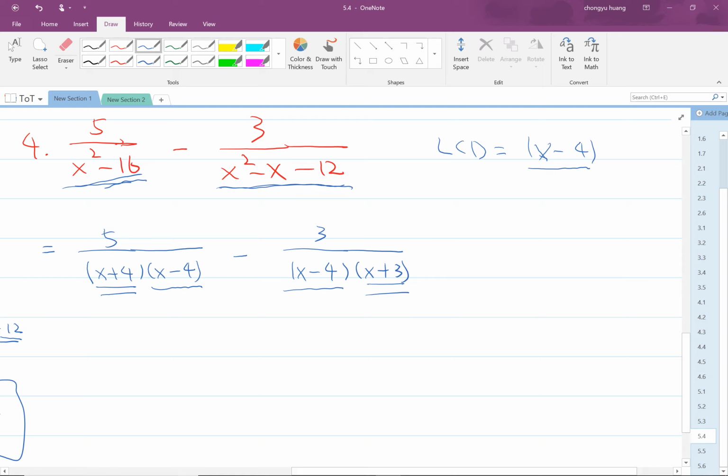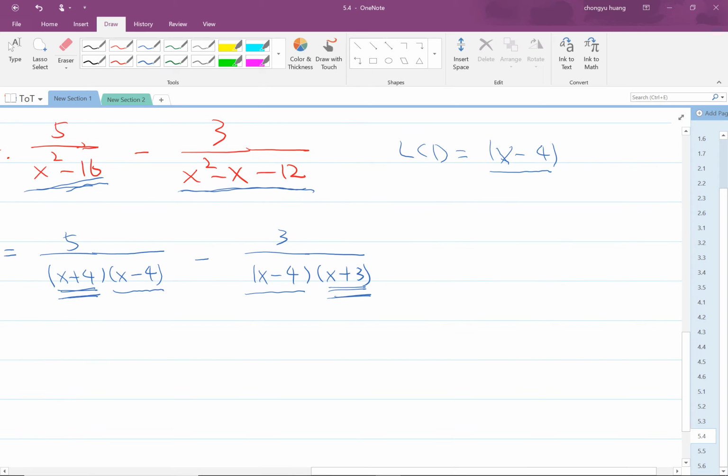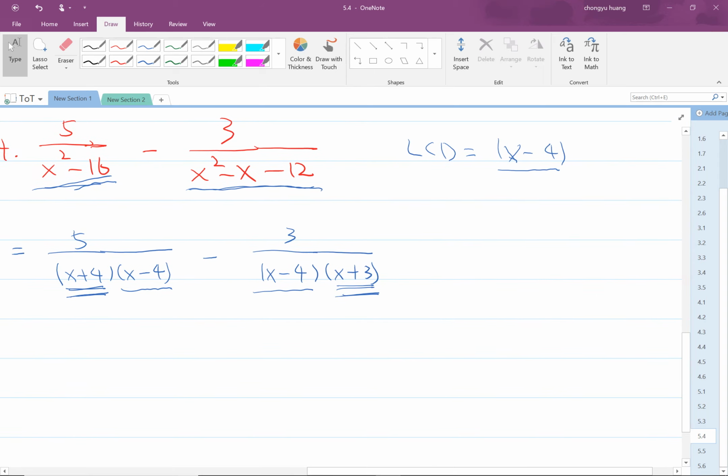Since x minus 4 is the common term, it has to be in the least common denominator. So that's why you write down x minus 4 first, and then the terms I'm marking with a double line are the difference between those two terms. The easiest way to find it is just to write those down.